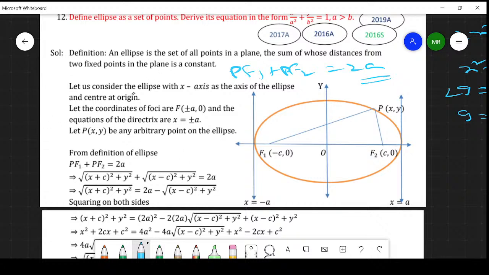Let us consider an ellipse with the x-axis as the axis of the ellipse and the center at the origin.